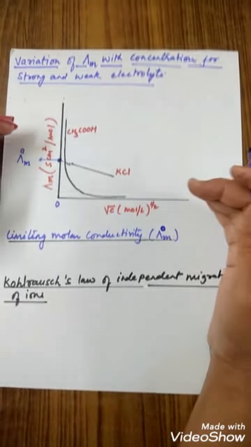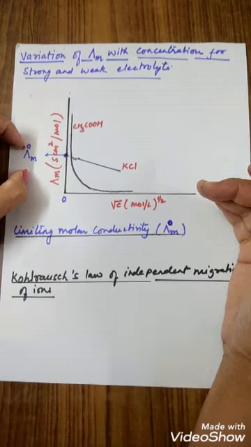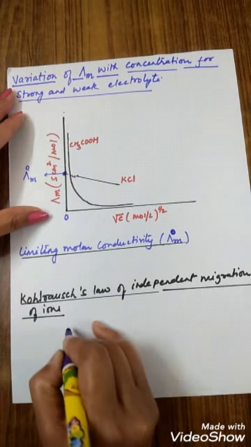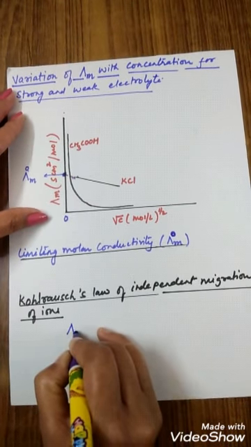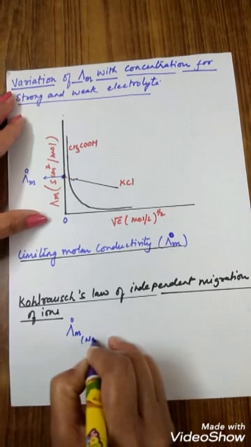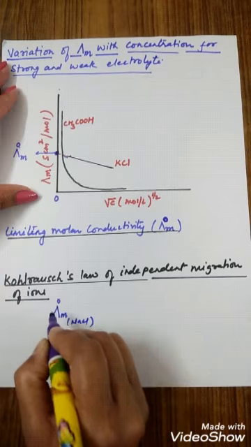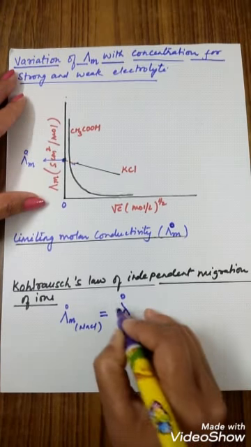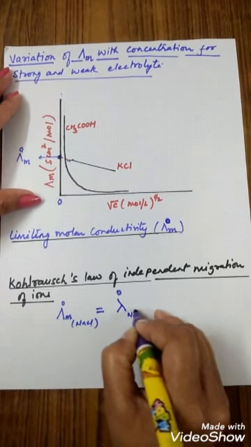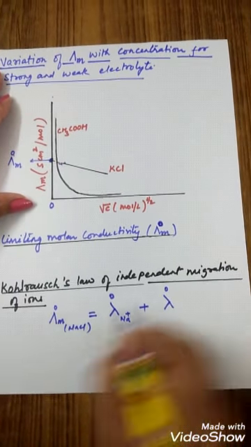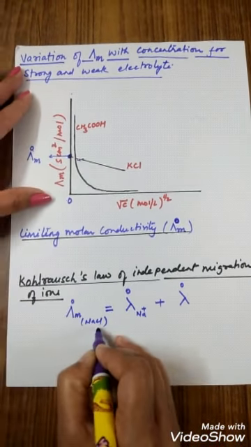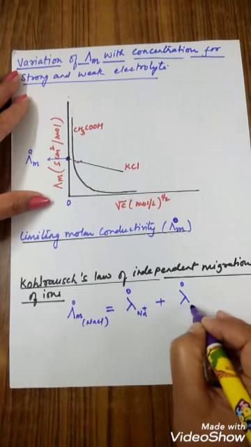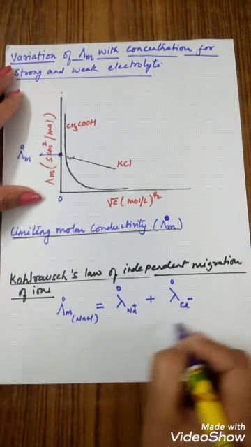So he took the help of the graphical method and found lambda m naught for many strong electrolytes, and he observed that the limiting molar conductivity of any electrolyte, like NaCl, is equal to the sum of individual ionic conductances. So this is the limiting molar conductivity of NaCl, that is equal to the ionic conductance of Na plus ion plus the ionic conductance of Cl minus ion.